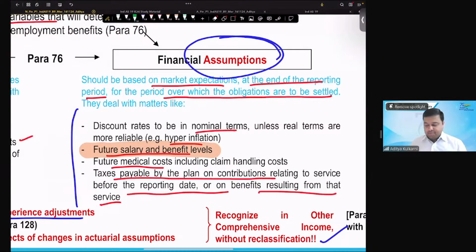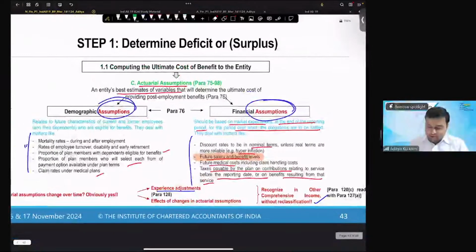What is it? Assumption. Assumptions. Yes. So this is demographic assumption, financial assumption, which forms a part of actuarial assumptions.